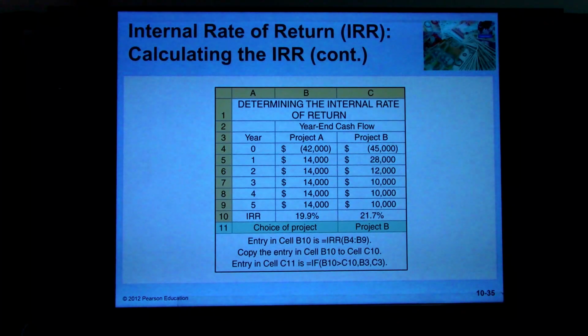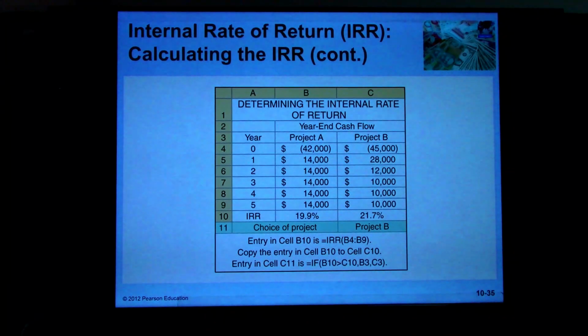To determine the internal rate of return is very easy. We come to, say, B10, and write the following formula: equals IRR, open brackets, then take all cash flows, whether outflow or inflow, from P4 to P9, close the brackets, enter, and you will have your internal rate of return.